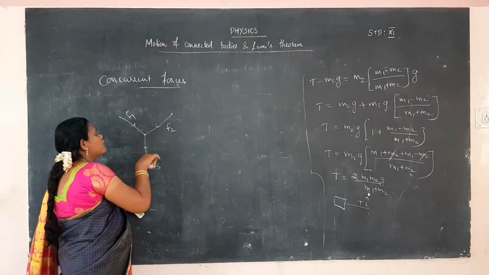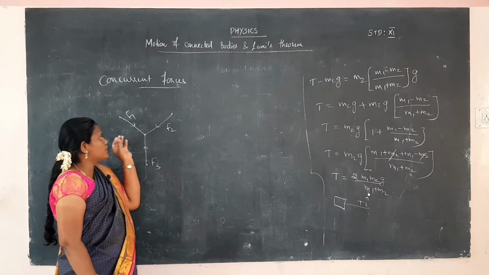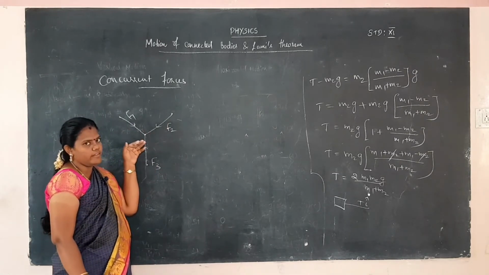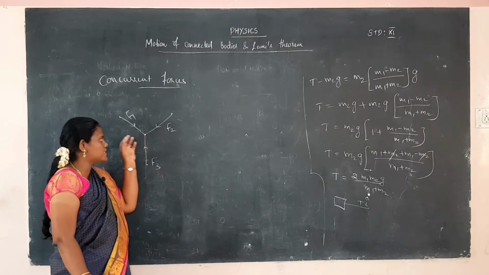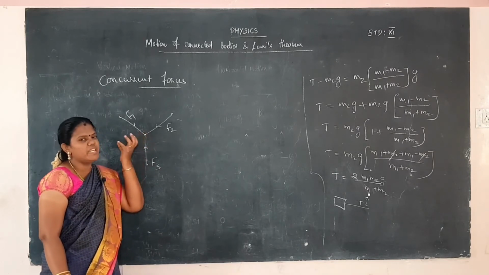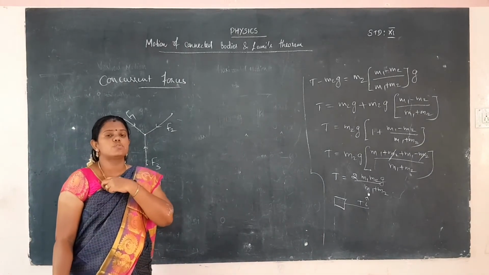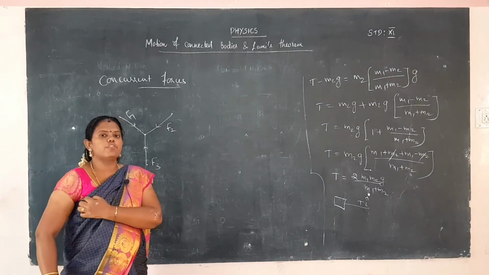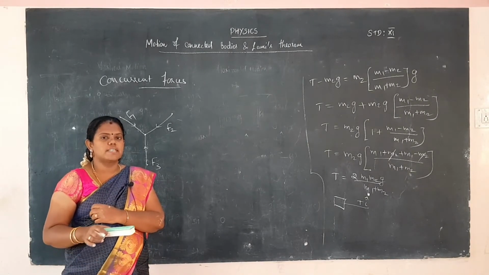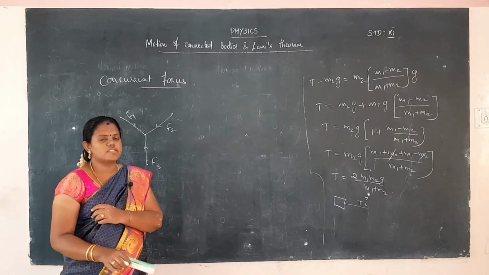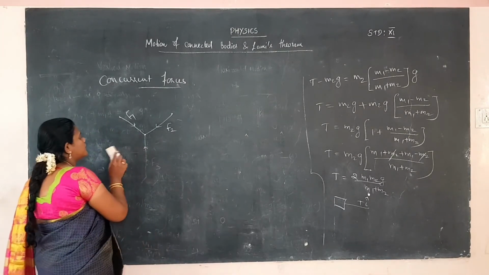We draw the line of force for the three forces, and the lines of forces meet at a common point. Those forces are called concurrent forces. Okay. Then Lami's theorem.